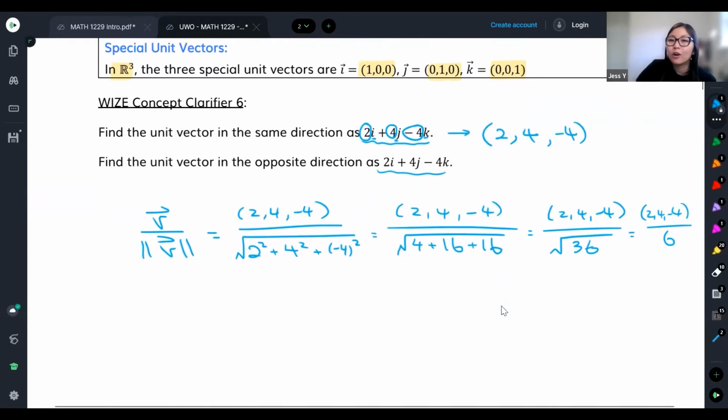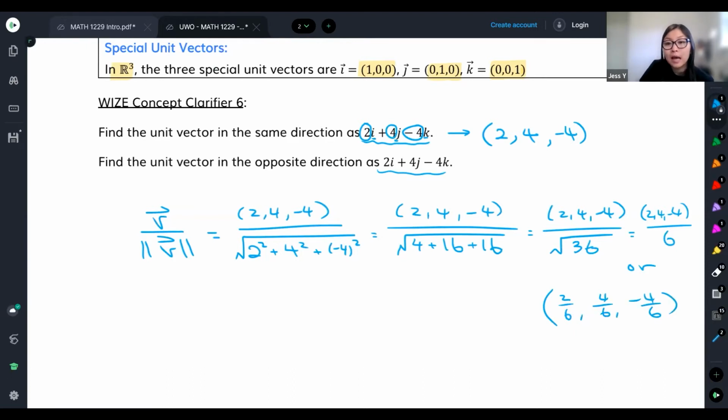Now, on the exam, if they do put a question like this, they will likely simplify. So you can rewrite this as take each of the numbers and divide by 6. So 2 over 6, 4 over 6, and -4 over 6.